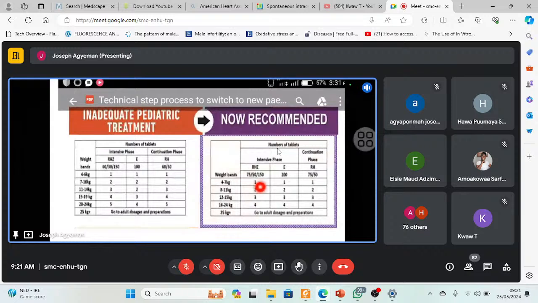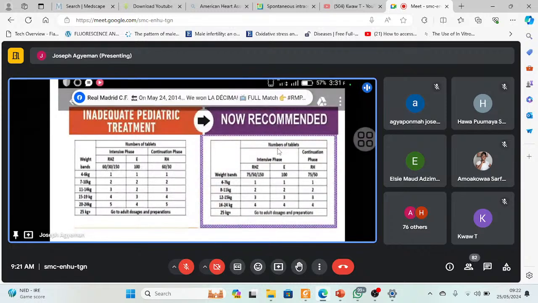So the only difference is the increase in strength of especially rifampicin and isoniazid. These are the backbone when it comes to TB management, to improve efficacy and to avoid development of resistant strains.